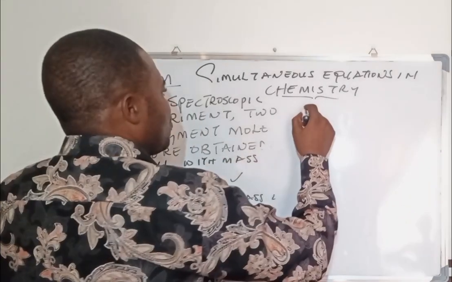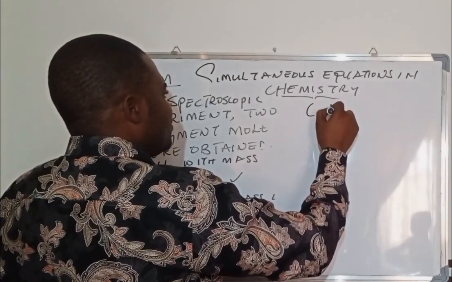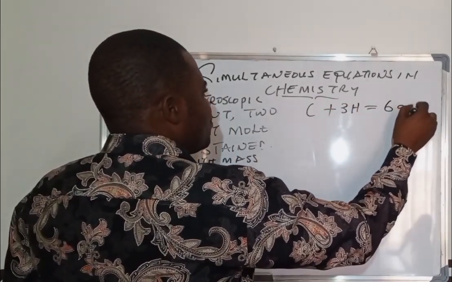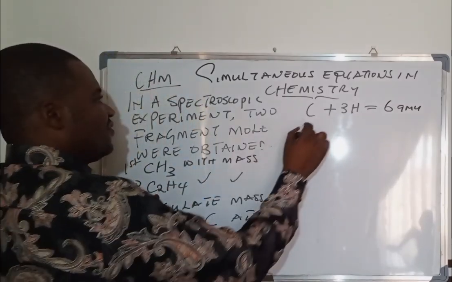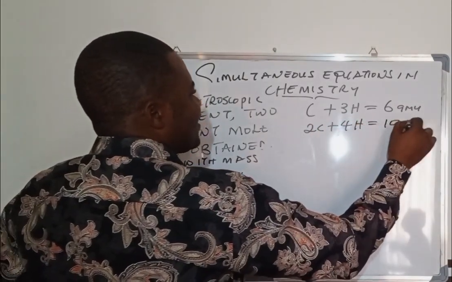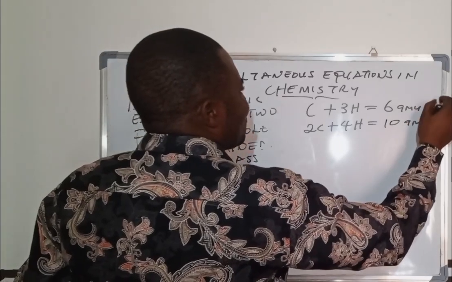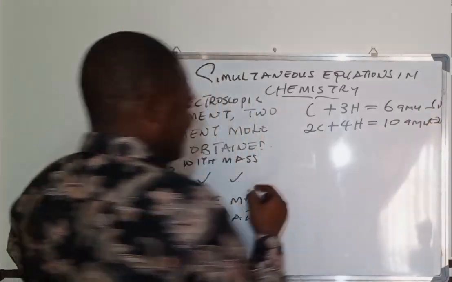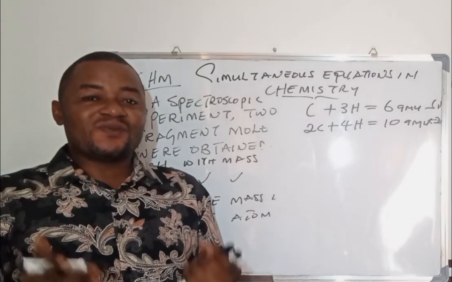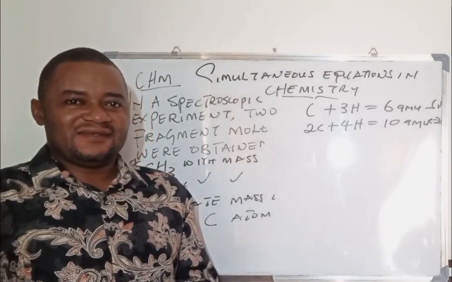So for equation 1, we have C plus 3H equals 6 AMU. And for the second one, we have 2C plus 4H equals 10 AMU. This is our equation 1, this is our equation 2. That is how you break it down if you have to use simultaneous equations in solving it.